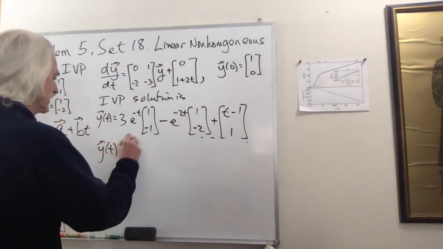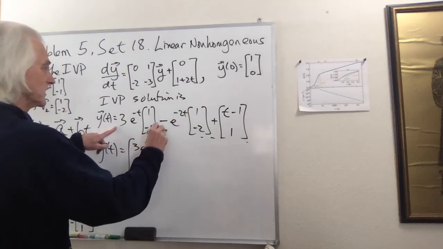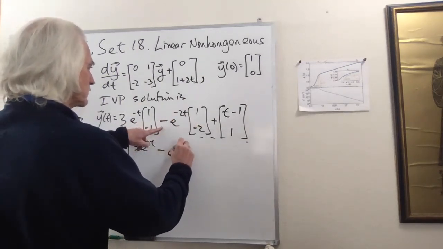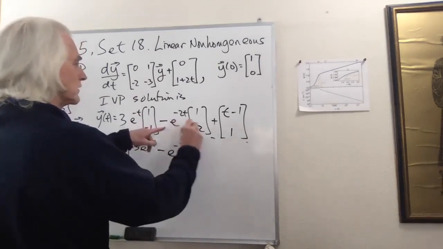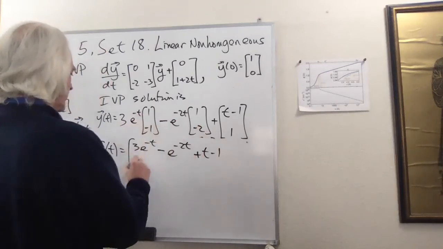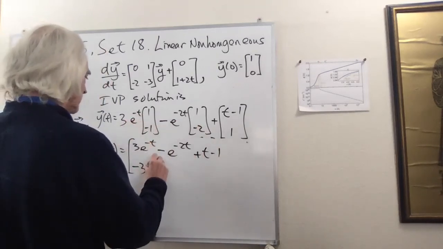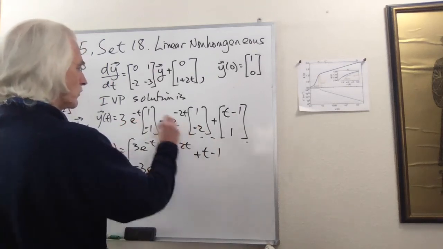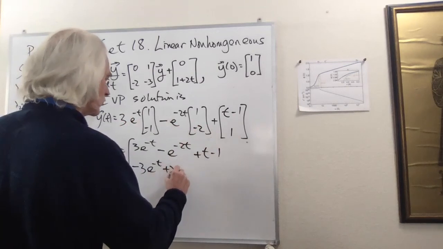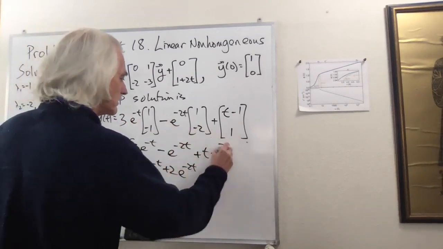And I get y of t is, what's the first component? 3 e to the negative t minus e to the negative 2t plus t minus 1. And then I get -3 e to the negative t plus 2 e to the negative 2t plus 1.